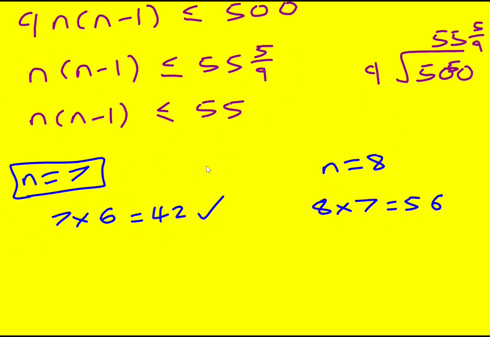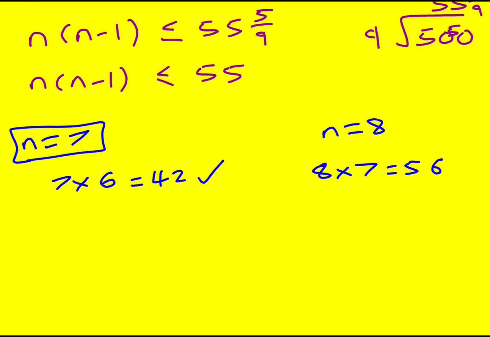If you wanted to completely show this algebraically, then you could multiply this bracket out, n squared minus n, subtract the 55. Actually, I'll stick with the 55 rather than 55 and 5 over 9. So n squared minus n minus 55 is going to be less than or equal to 0.